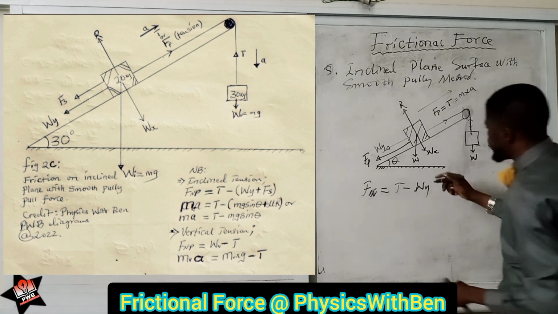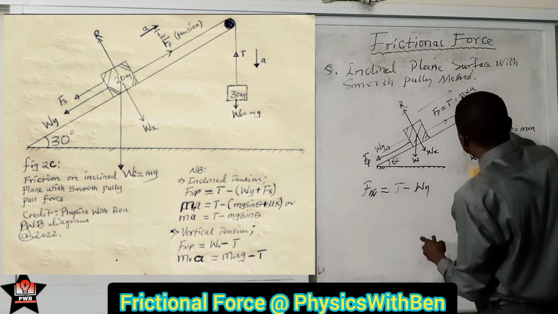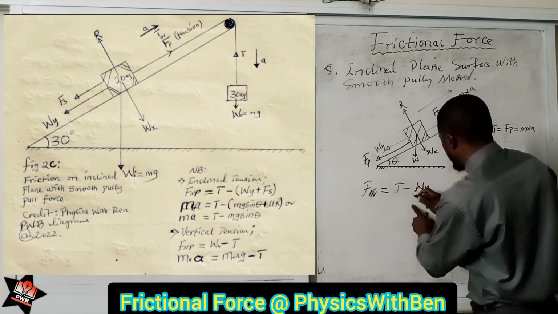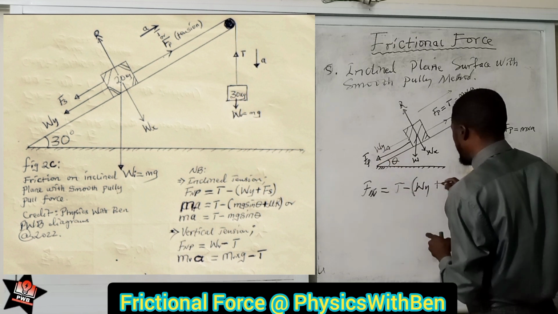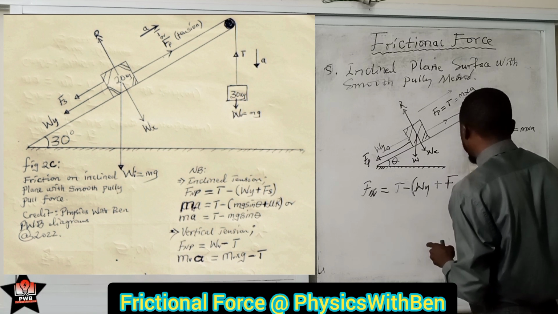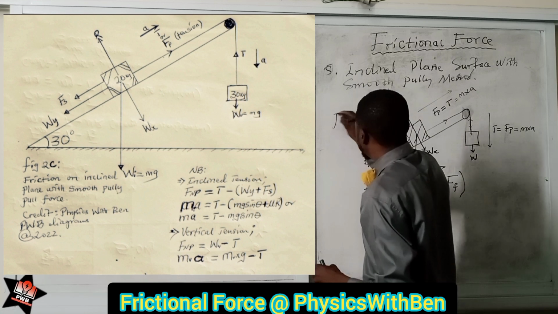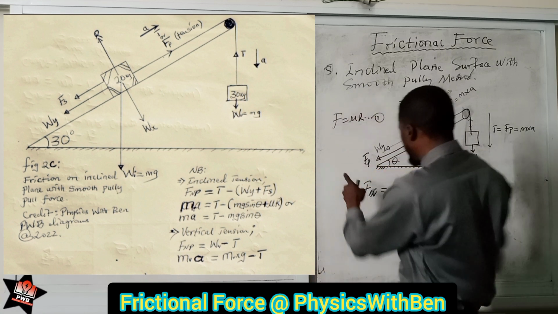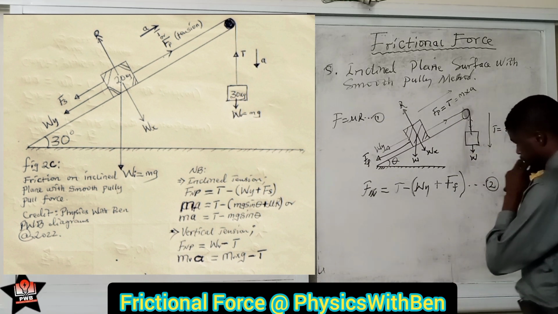Good. So what we have here is that the net force becomes this pull force minus bracket this plus the frictional force. Remember that our F is equal to mu R is always the equation number 1, and this is number 2 in this case.